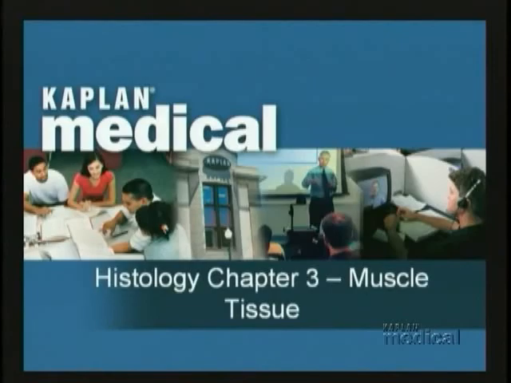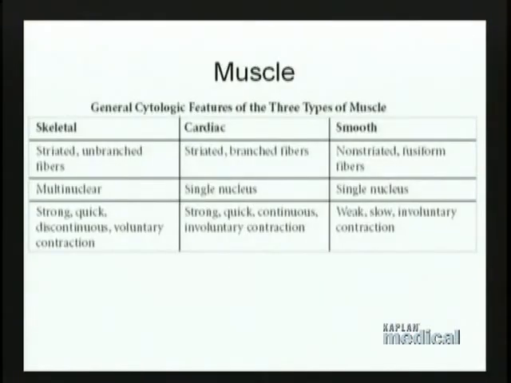Let's now continue our tour of histology by examining the different elements at both the light and electron microscopic level of muscle tissue. In our first chart under muscle tissue is a useful comparison chart that illustrates the basic form of the three different kinds of muscle: skeletal, cardiac, and smooth.